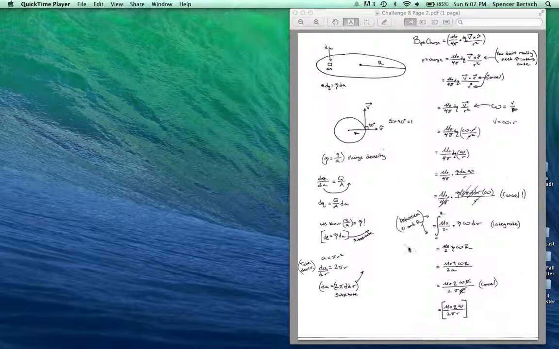So I tried to fit all this on one page, so I used fewer words, but we'll see how this goes. So we know that the equation that we use to find the magnetic field of a point charge is mu naught over 4 pi times, and I wrote dq instead of q.